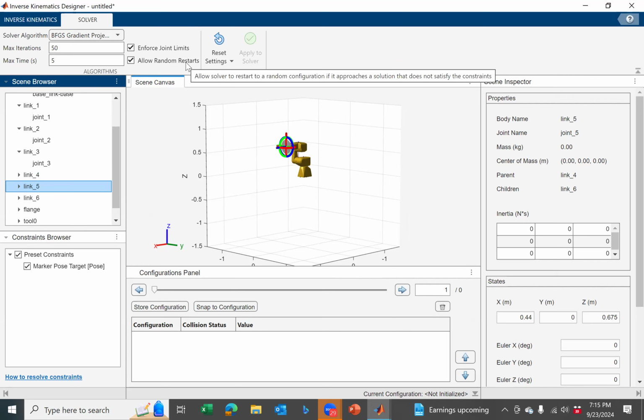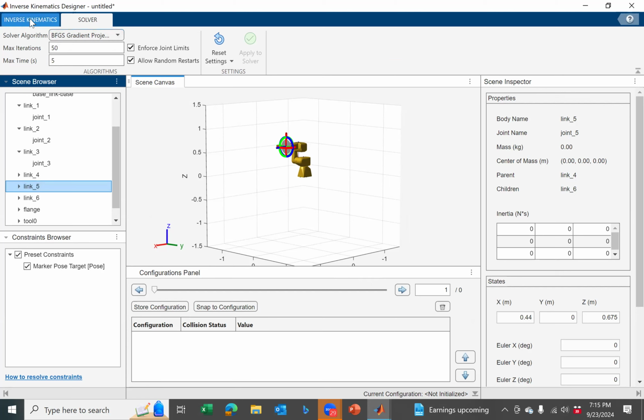This is the inverse kinematic solver that is built inside MATLAB. There are only two standard solvers that are used. One is the gradient projection and the second one is LM. And there are papers on how these solvers are worked out, how they are stabilized, just like numerical integration. These are numerical solvers.